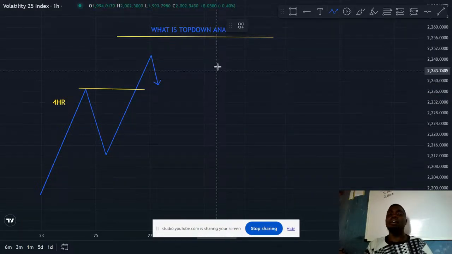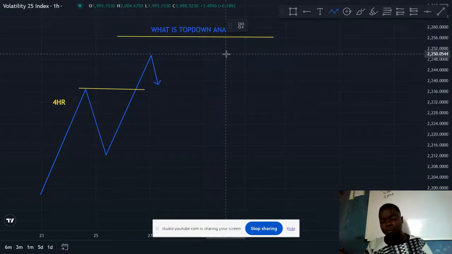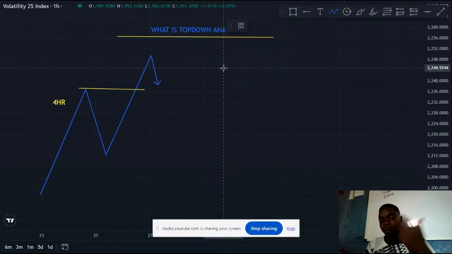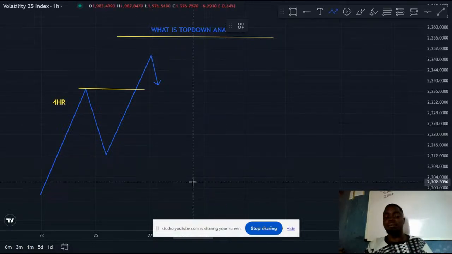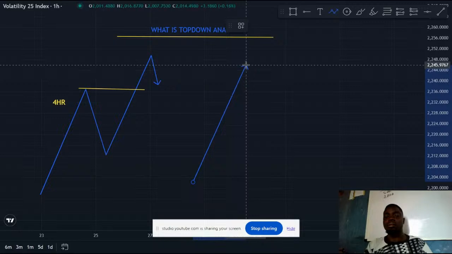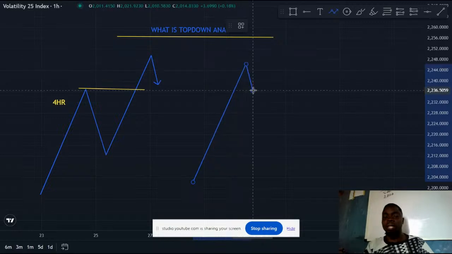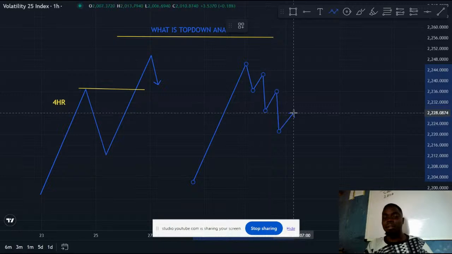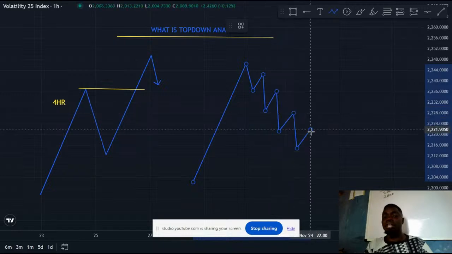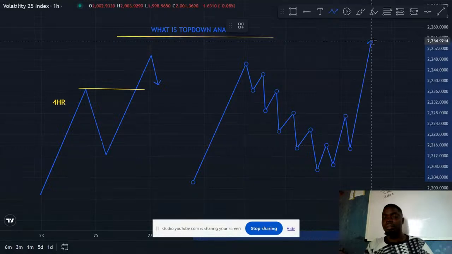So now on the 15 minute time frame, this movement that you saw there, you'll be seeing things like this. On the 15 minute, it will be an entire downtrend. All right.